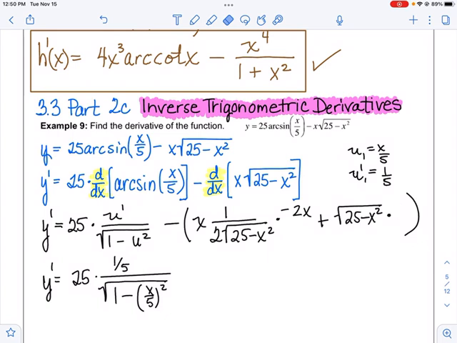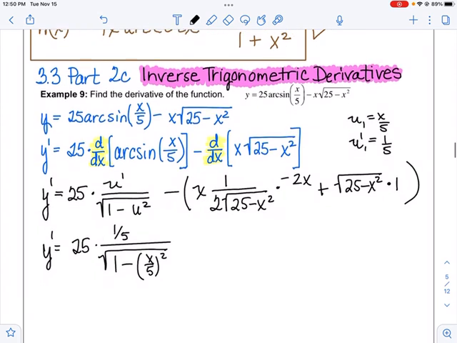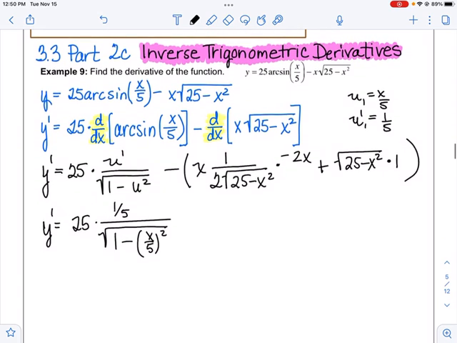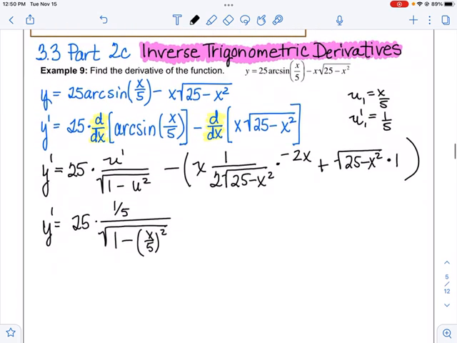Okay, and then I'm going to simplify this and put things together. So let's see where that leaves us. I have a minus sign out front, so that's going to make it a plus and then a minus, right? So I have a plus, and it looks like I cancel the 2's here, and I get a negative x squared over the square root of 25 minus x squared.